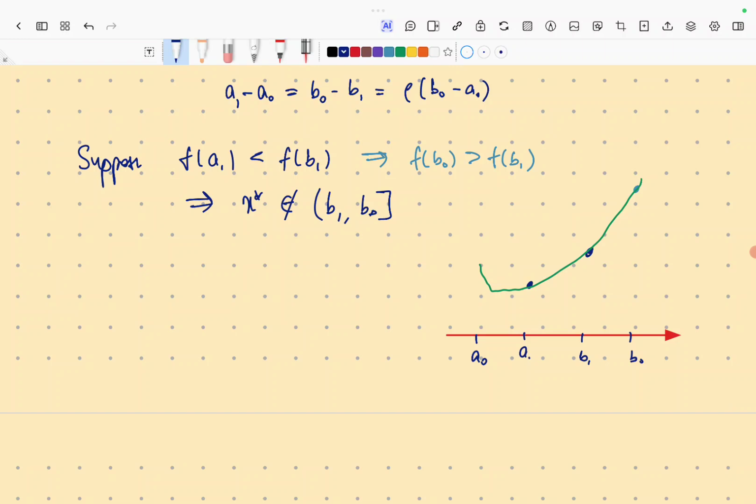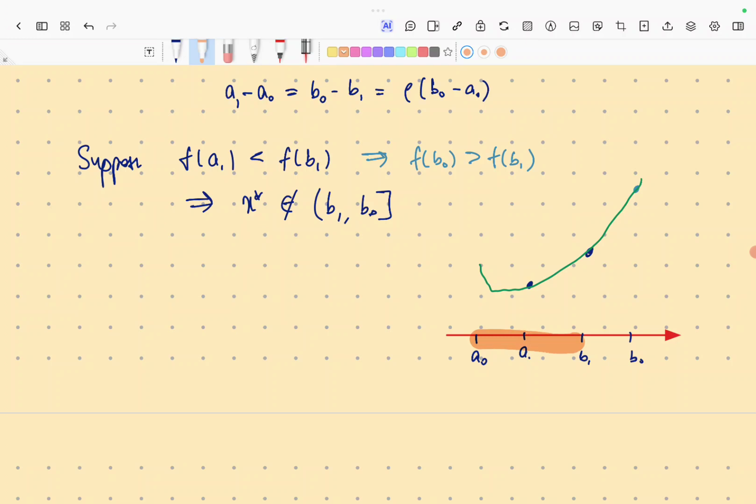So I can eliminate this part and now focus only on this particular subinterval from A0 to B1. And then I could keep repeating the process.